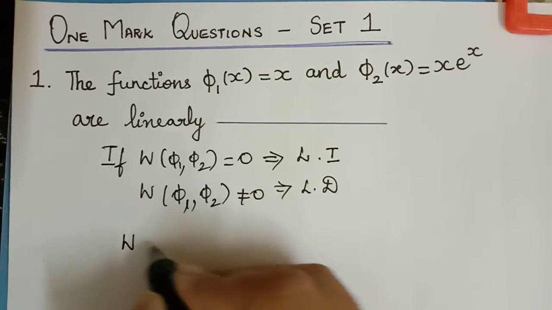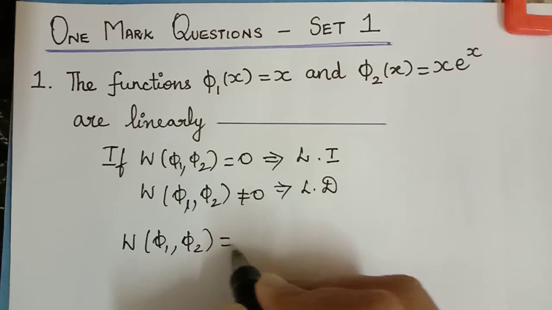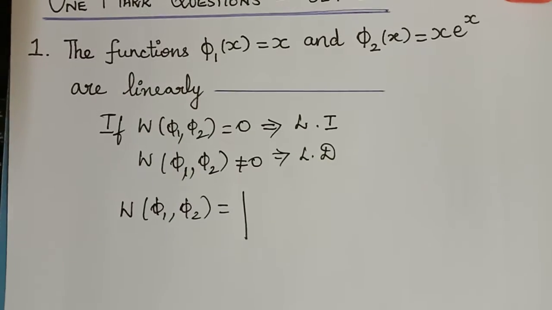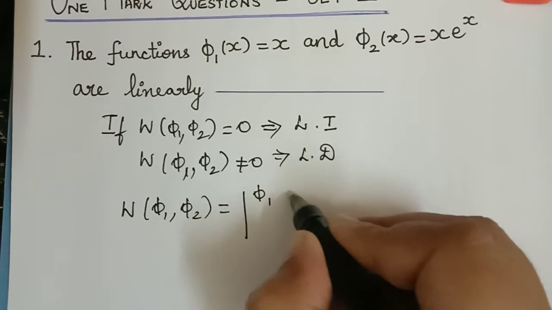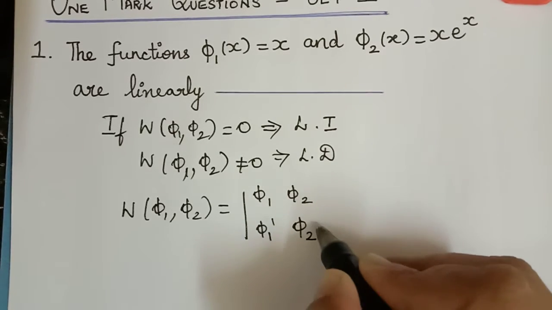The Wronskian of phi1 comma phi2 is given by the determinant of phi1, phi2, phi1 dash and phi2 dash.